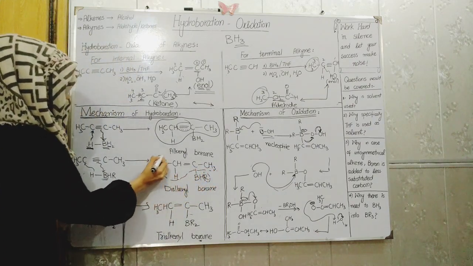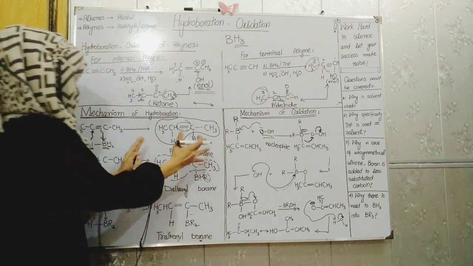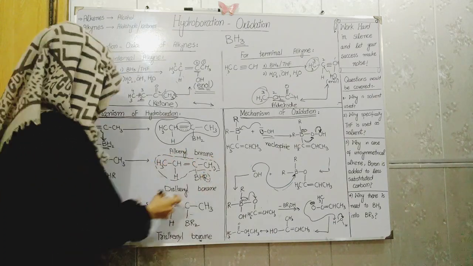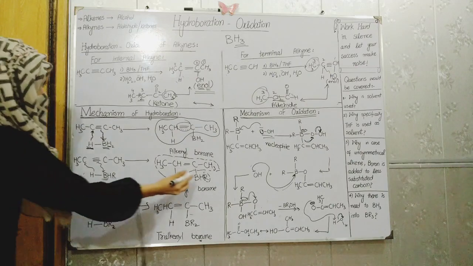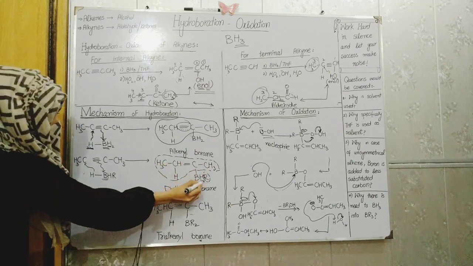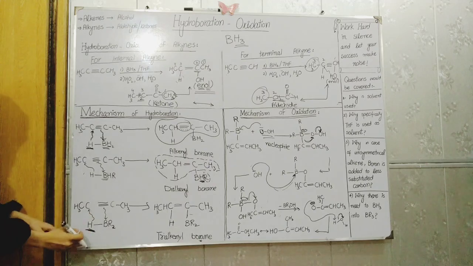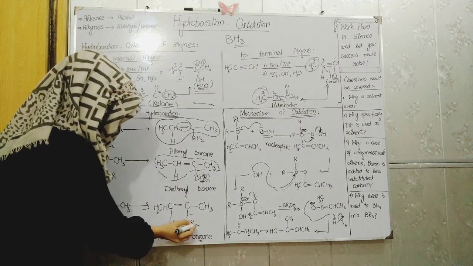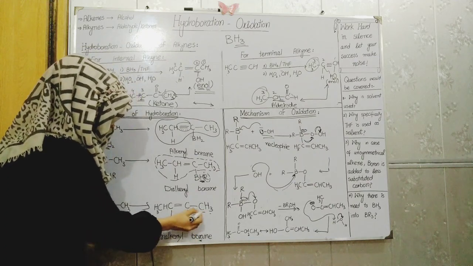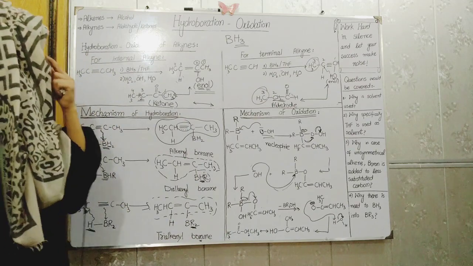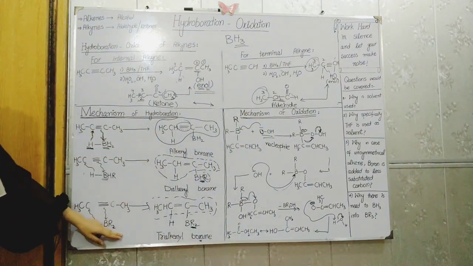Again I replace this alkenyl group, as it is difficult to write this bulky group here, with R. 1 R and 2 R, and 1 hydrogen. And this will again react with another molecule of alkyne and form the trialkenyl borane, 2 R and 3rd R, trialkenyl borane. And now this is the hydroboration mechanism.